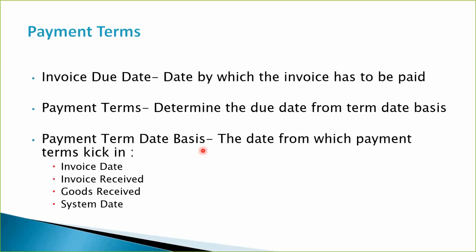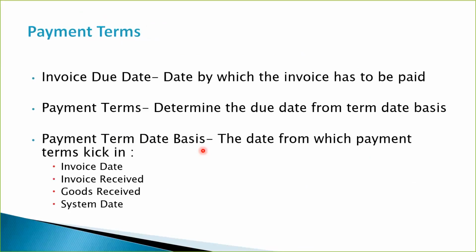So the invoice might have one date, but then you receive it on a different date. The payment terms might start counting from the date on which you received the invoice. The other way is from the date when the goods were received, whatever goods or services you have acquired from the supplier. Once you receive the goods, the payment terms start counting from then. Or you can also have the system date, which is basically the day when you're entering this invoice in the system. Those are the various payment term date bases that we can have.